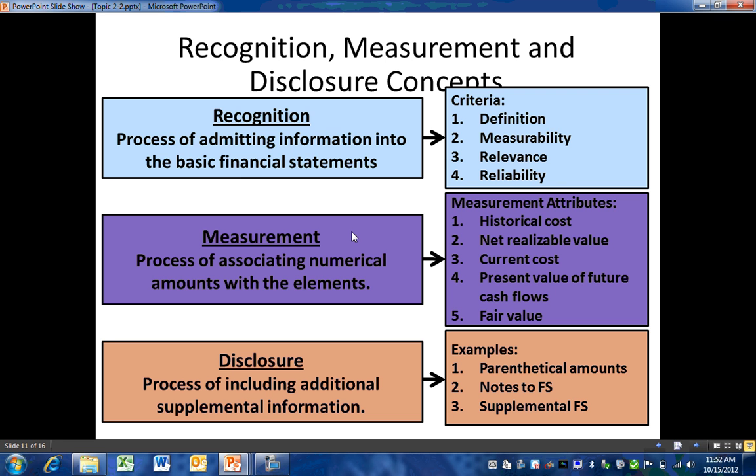Measure the impact of the recognition in the accounting information system, both initially when the recognition occurs and at a subsequent point in time. And then finally, GAAP standards tell us any additional supplemental information that we must provide the user.